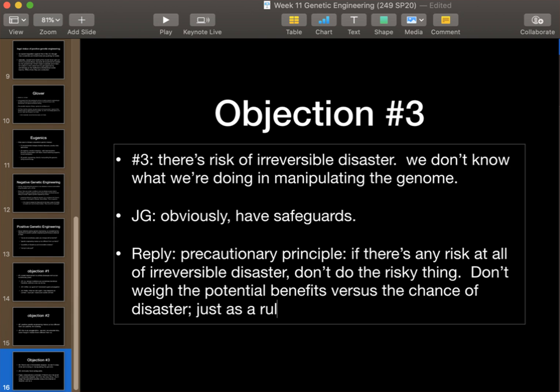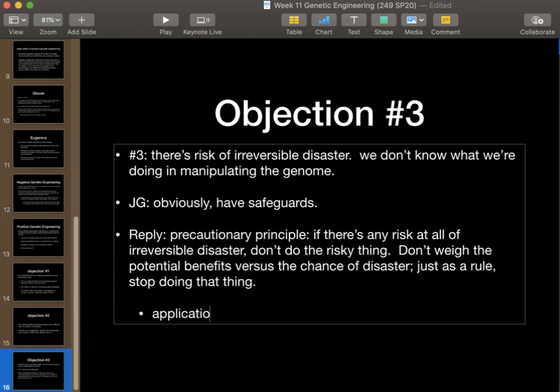Just as a rule, stop doing that thing. So some people apply this to applications like nuclear power, certain kinds of global climate engineering. Some people say there are certain things that we should do across the entire planet, like spray a bunch of things into the atmosphere to reduce global warming. Other people say, no, once you spray a bunch of stuff into the atmosphere, you're never going to get rid of it and it could cause all these problems you don't know about.